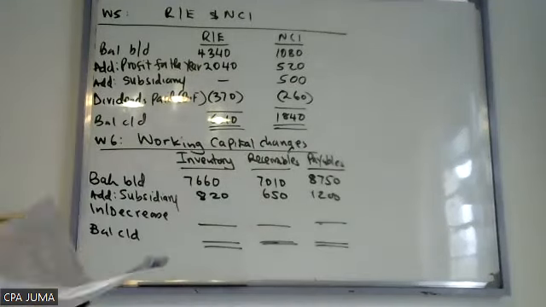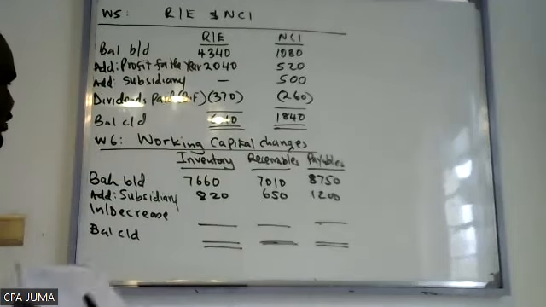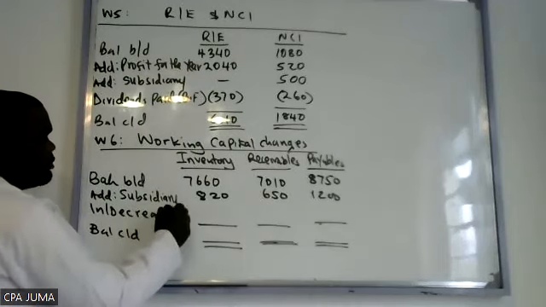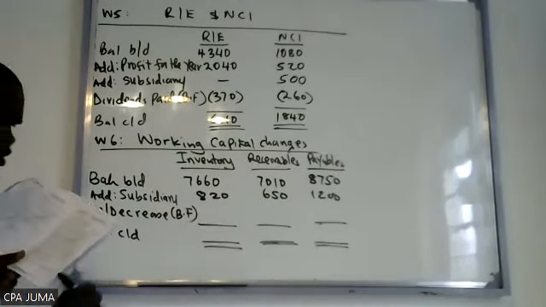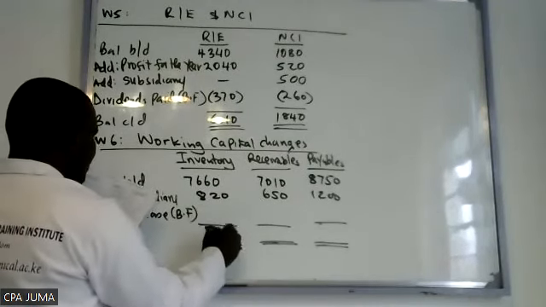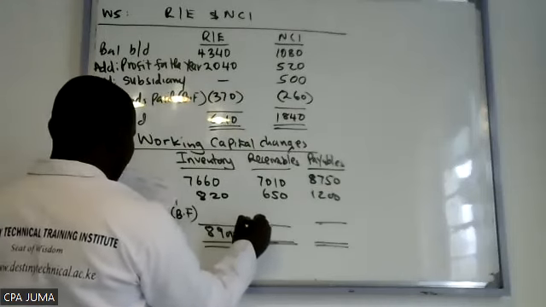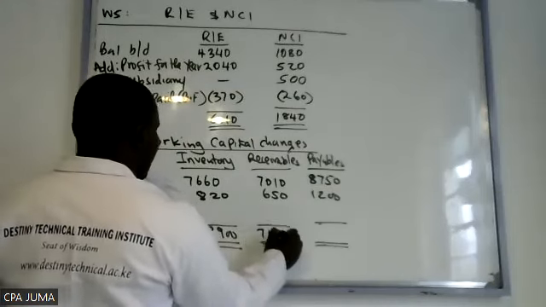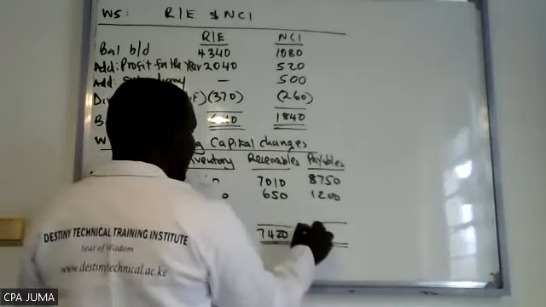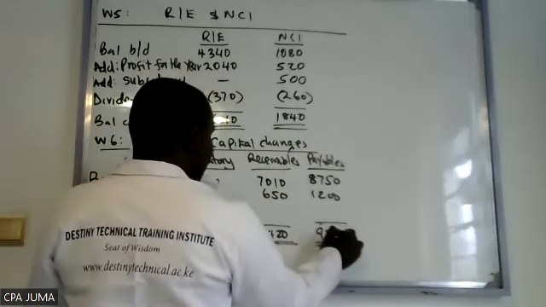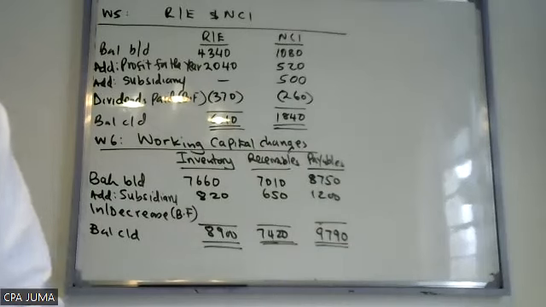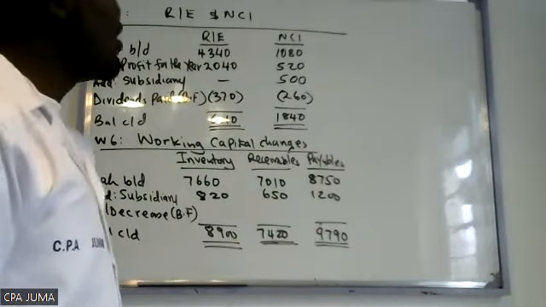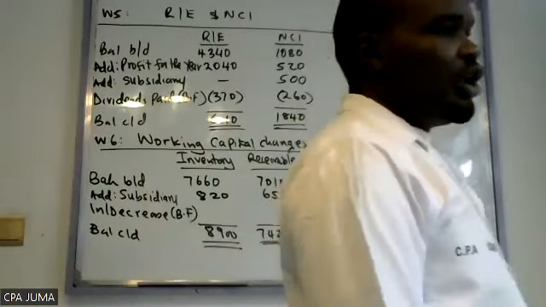So balances carried down, be ready to give me the increase or decrease. Carried down, inventory, I'm seeing 89, receivables 74.20, payables 97.90. Correct. So honorable members, give me the increase or decrease for the three. Presentation loading now.